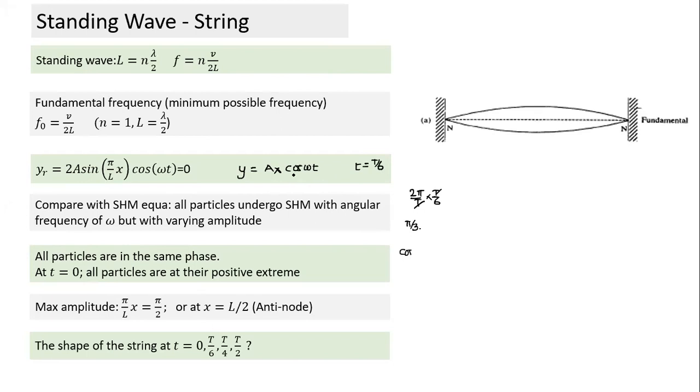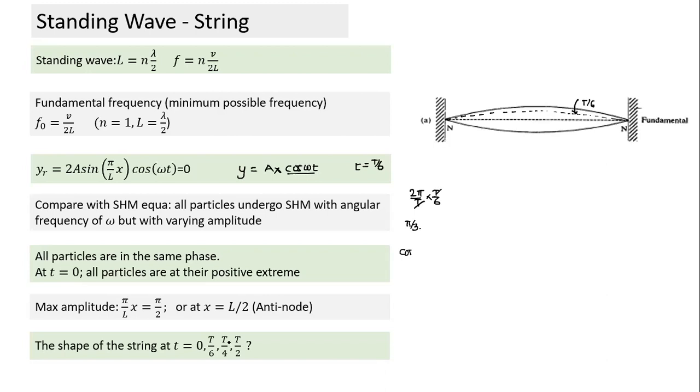So this term will become 1 by 2. So every particle will have a displacement which is half of its amplitude. So at t is equal to T by 6, if I draw the shape, this was the amplitude position, all points in the string will be at half this position. That's how the shape of the string will be at T by 6.